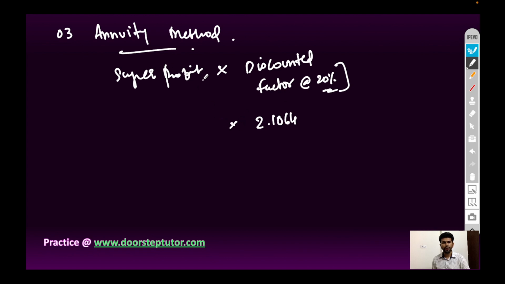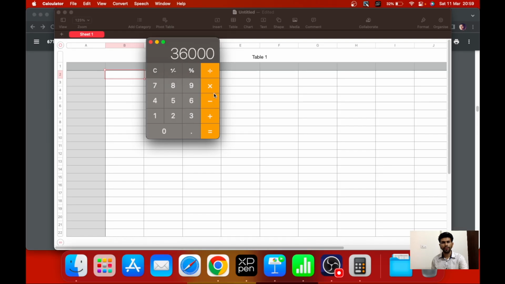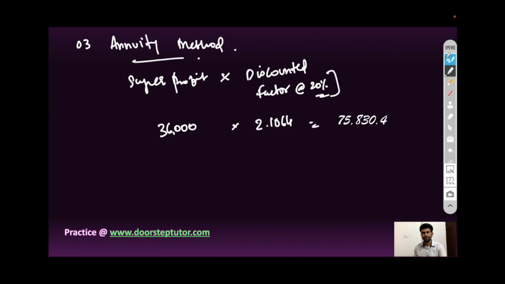Super profit is 36,000 rupees. 36,000 multiplied by 2.1064 is the amount of goodwill.